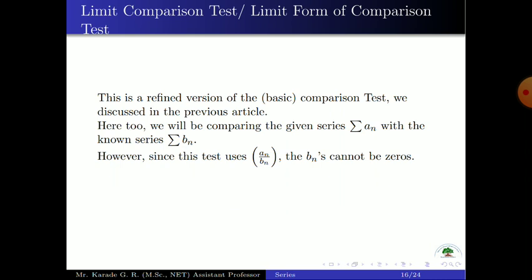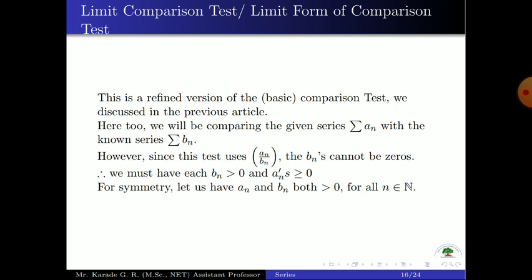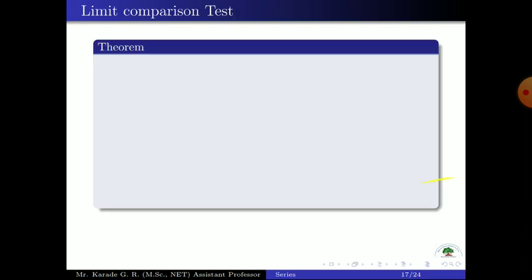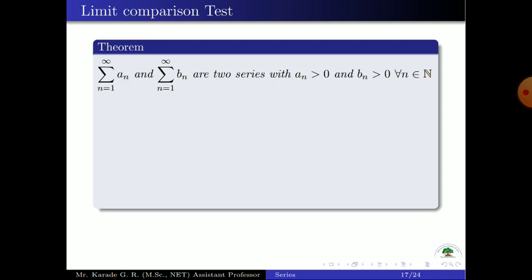However, since this test uses an upon bn, where bn cannot be 0, we must have each bn strictly greater than 0 and an greater than or equal to 0. For symmetry, let us have an and bn both strictly greater than 0 for all n in the set of natural numbers.